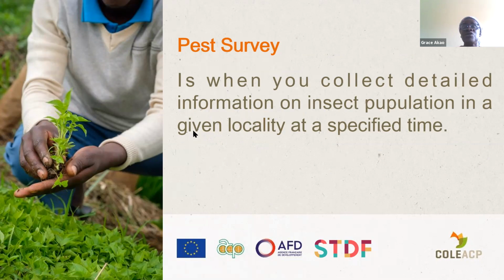You will have planned for it and said, today we are going to the western part of the country, and we are going to spend there maybe a week or so looking at maybe a specific pest, or maybe just trying to assess the pest diversity, the species diversity of pests in that particular region. So it's location specific, and also it is time specific. And that therefore refers to survey. So you are collecting detailed information.